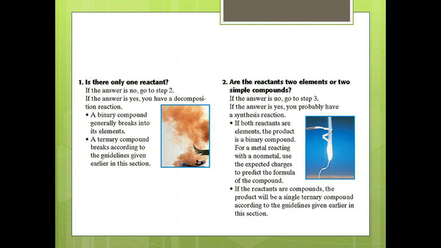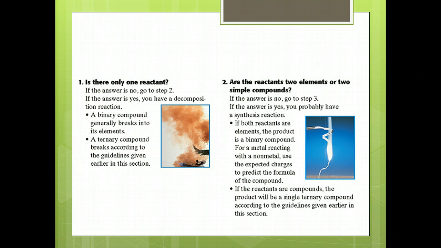Question 2. Are the reactants two elements or two simple compounds? If the answer is no, you're going to go to step 3. If the answer is yes, you probably have a synthesis reaction. If both reactants are elements, the product is a binary compound.